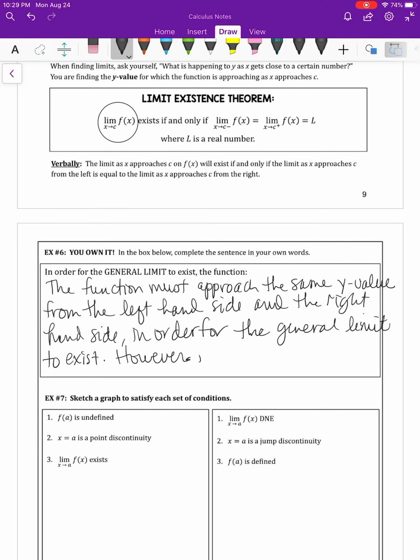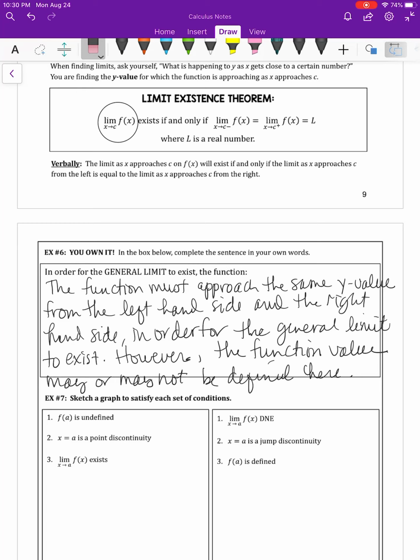However, the function value may or may not be defined here, which I think is probably the hardest thing for kids to grasp.